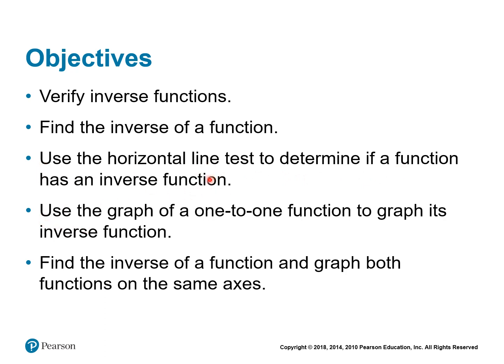These are some different ways of identifying whether a function has an inverse function, and then use the graph of a one-to-one function to graph its inverse function. So graphing inverse functions is what this topic is about: find the inverse of a function and graph both functions, the original function as well as its inverse, on the same axis.